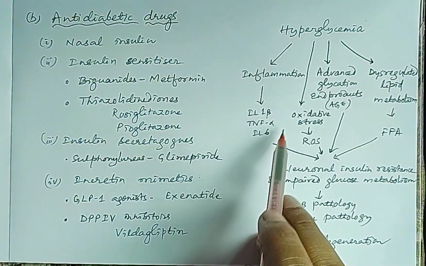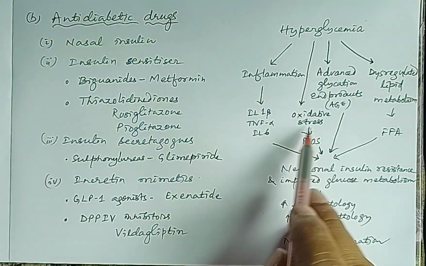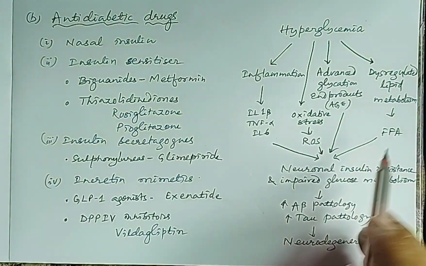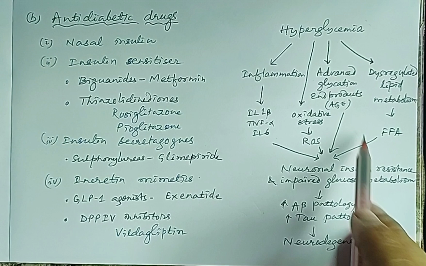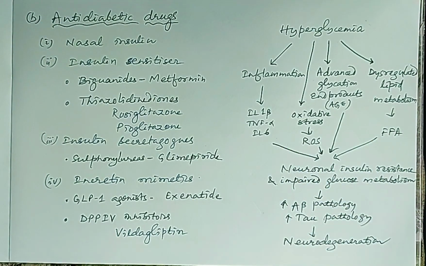So the inflammatory mediators like interleukins, tumor necrosis factor alpha, the reactive oxygen species, the advanced glycation end products, the free fatty acids, all cause neuronal insulin resistance, and they impair the glucose metabolism, all leading to increased amyloid beta pathology and increased tau pathology, causing neurodegeneration.